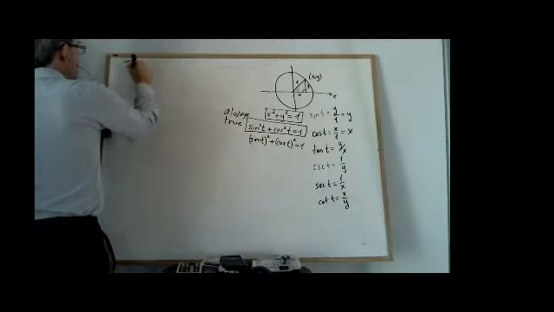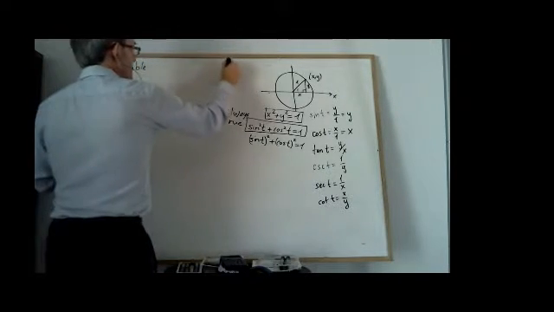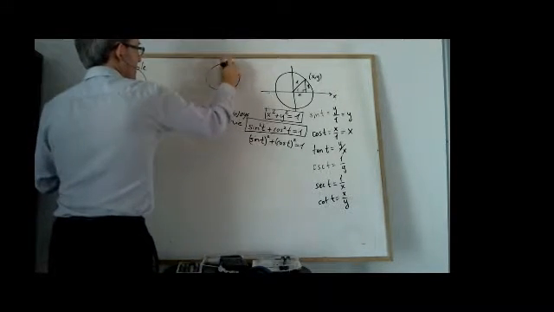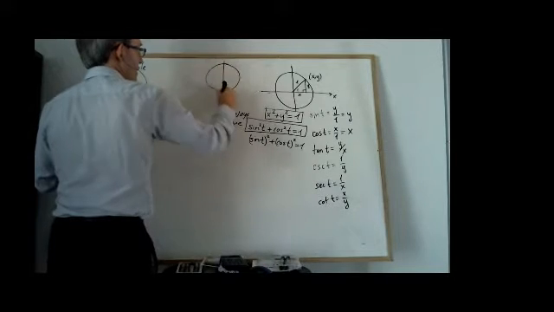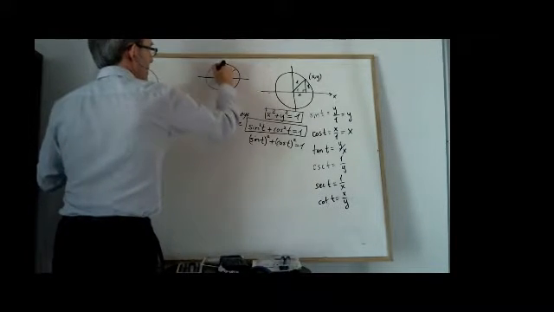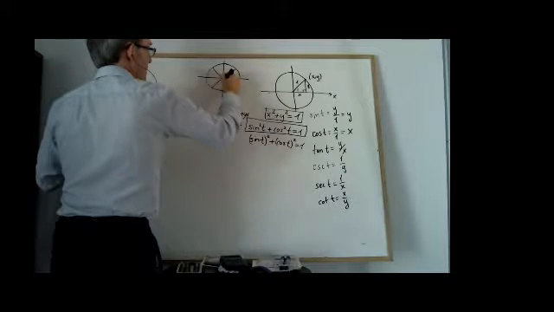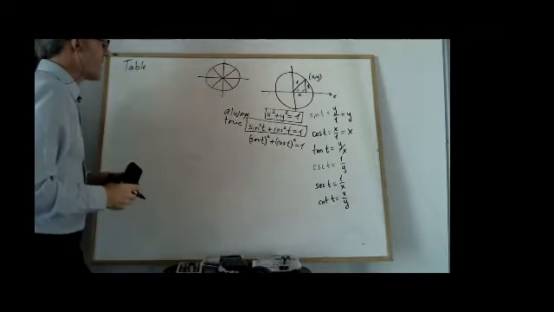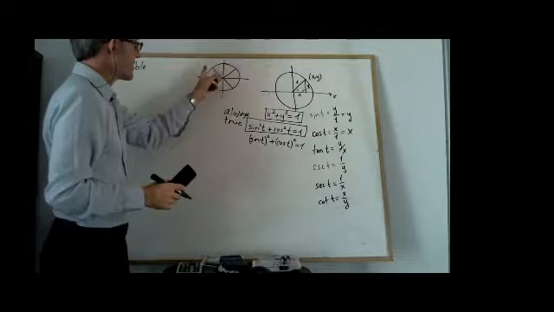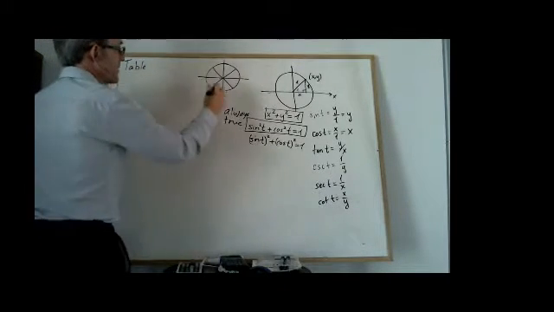Okay, so now my table, I'll just look at dividing the circle into 8 pieces, the angles that come from that.